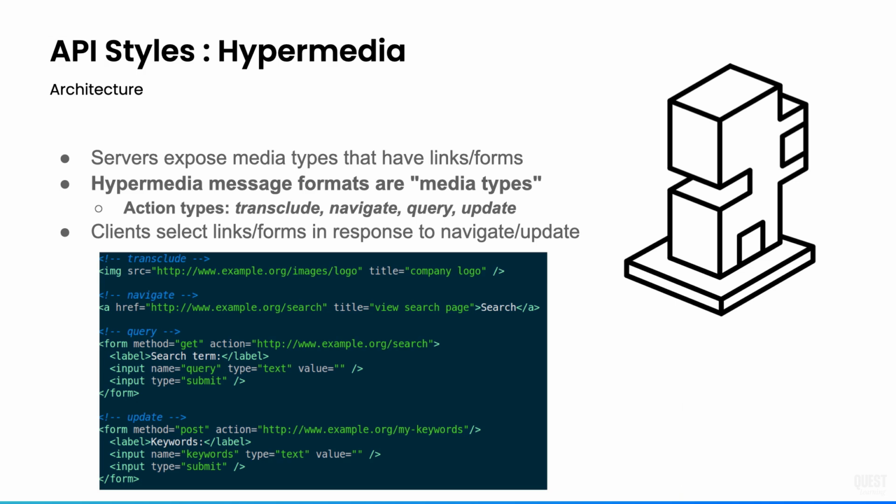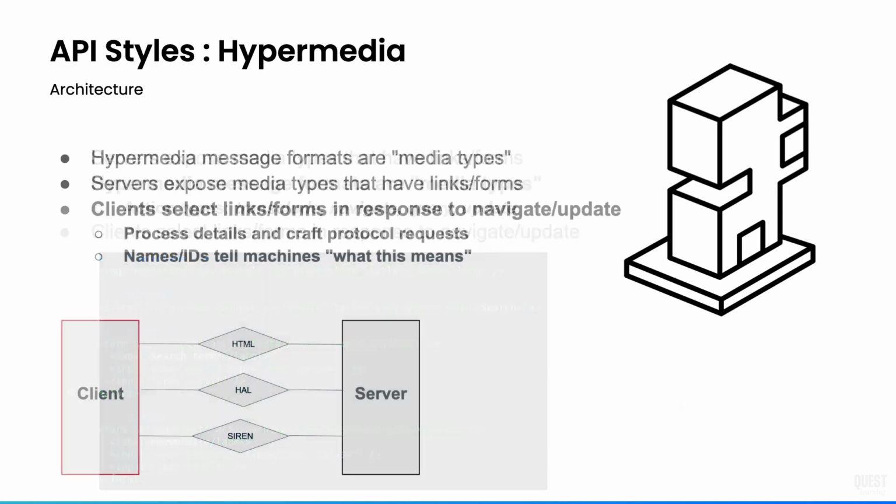You can also use a link to navigate from one place to another, take me to the search page. You can use a query form to read data, such as a search form. You add some arguments and you execute a search. Or you can do an update. You can use a method and URL to actually send arguments to write data to the server. Transclude, navigate, query, and update. That's what Hypermedia APIs are all about.